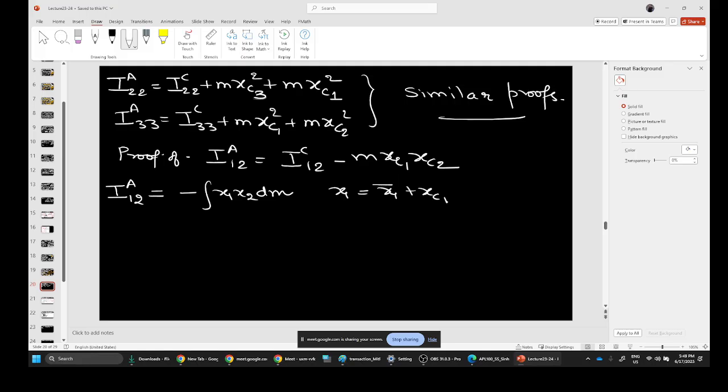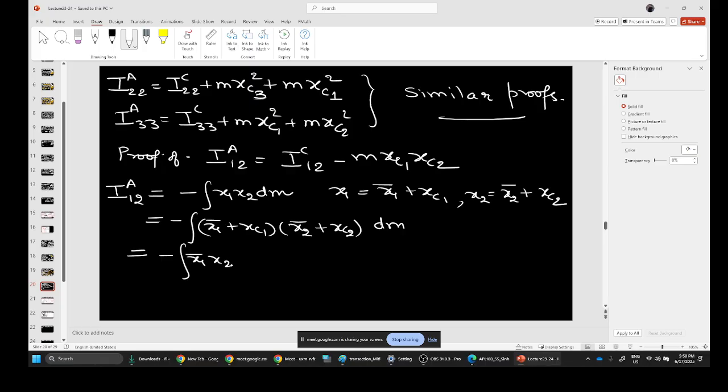Replace x1 by the shifted coordinate and we get 4 terms.